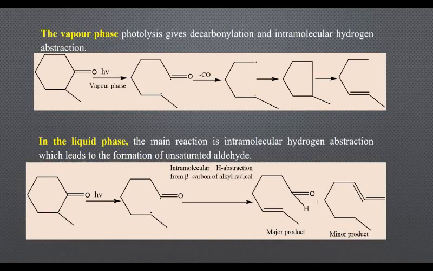As we have seen, in solution phase the decarbonylation is not a major process, but in vapor phase decarbonylation and intramolecular hydrogen abstraction take place. First decarbonylation takes place, then either the cyclization takes place or this hydrogen is abstracted by this alkyl radical to form an alkene.